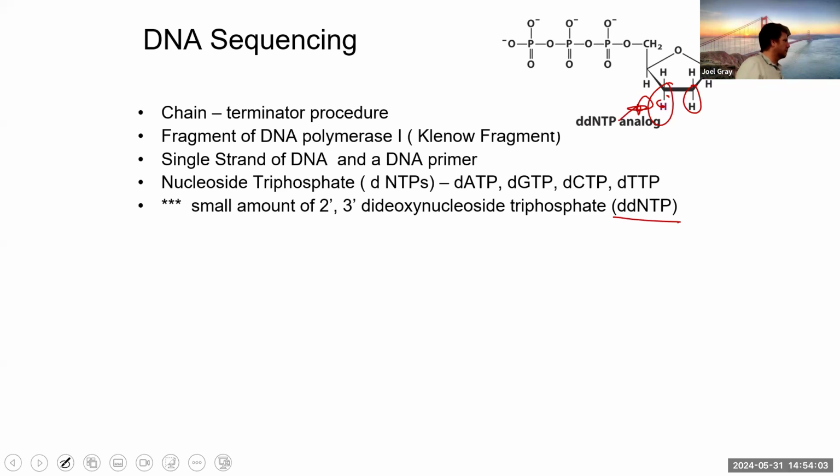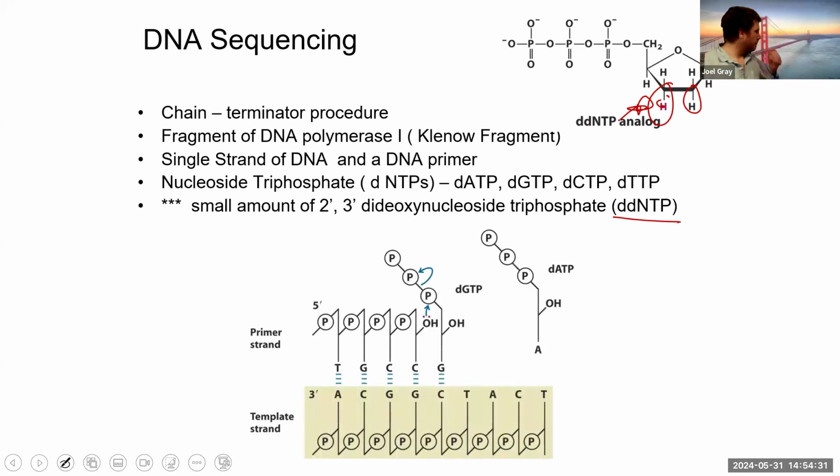Does that make sense? So at this point in time, the biggest distinction between PCR and DNA sequencing is DNA sequencing also involves a dideoxynucleotide triphosphate. Other than that, they're calling for largely the same things. This dideoxynucleotide triphosphate terminates a reaction.